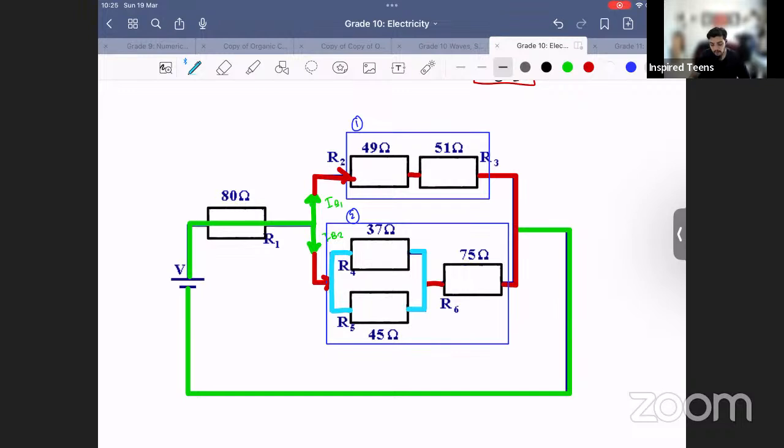Now, tell me, R4 and R5, how are they connected? Within the parallel branch, in series or in parallel?